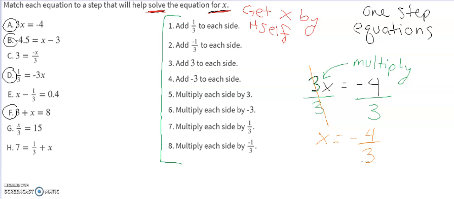But this is not exactly what the problem is asking. It's asking you to identify which of these steps will help get you to this point. Now, if you look at the steps, you'll notice that there's multiply, multiply, multiply, there's some adds, but no divide.